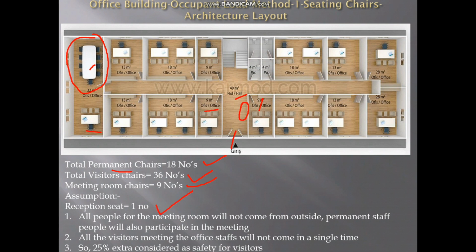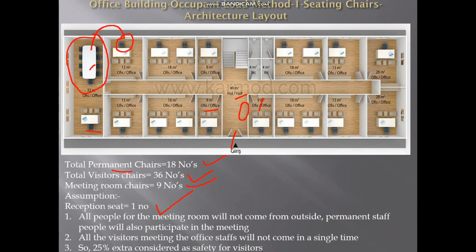And another important assumption is, you know that we have a meeting room in most designs. I have seen that designers have done over design. What they normally do is count the quantity of all the meeting room chairs, but that is not the correct one, because the practical thing is the people in the office, I mean the permanent people, these people also will come for the meeting.